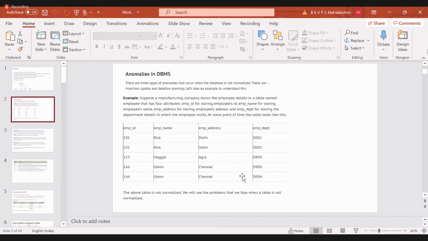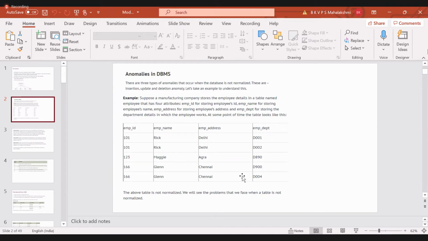Even the insert anomaly also exists here. Suppose you have been placed somewhere in a good MNC company. They will definitely maintain an employee database. So they will take your data and upload it into the database so that they know what is happening. Suppose immediately after you joined, your data might not be taken by the management. Why?